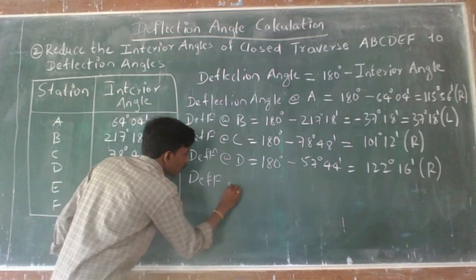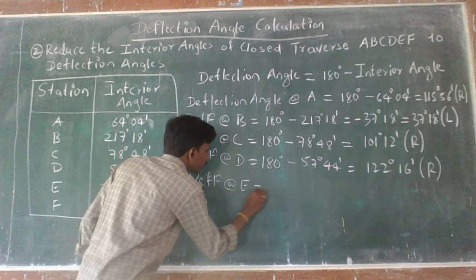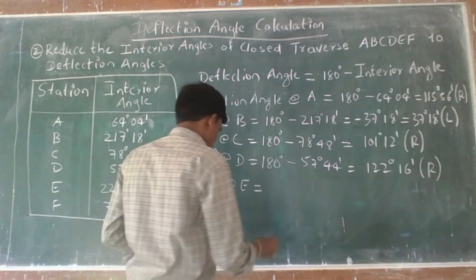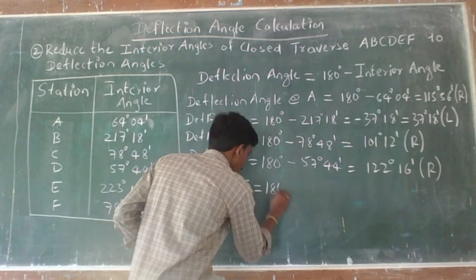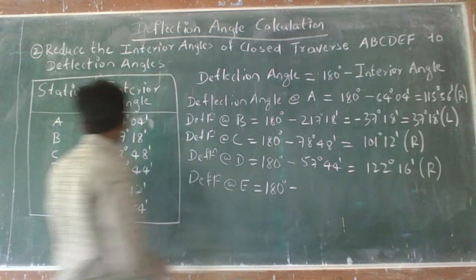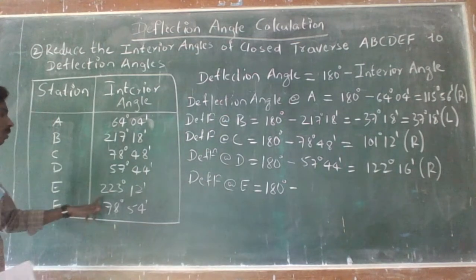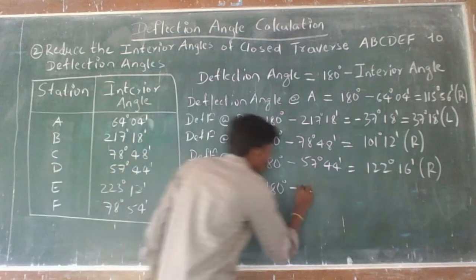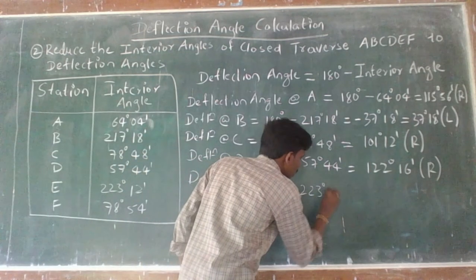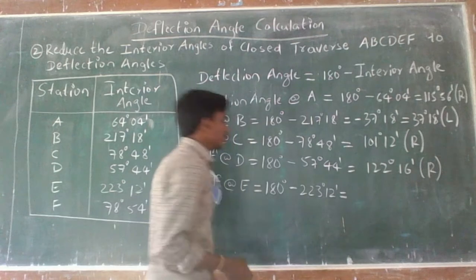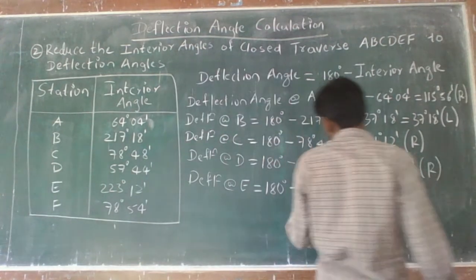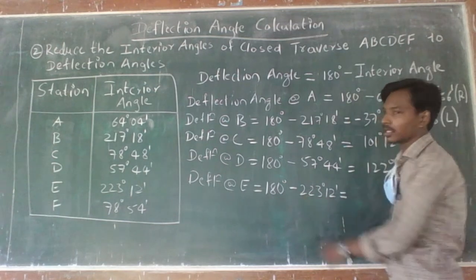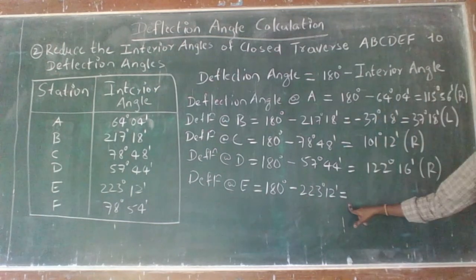deflection angle at E. So here 180 degrees minus the interior angle of station E, which is 223 degrees 12 minutes. Now as 223 degrees is larger than 180 degrees, the value will be in negative sign.